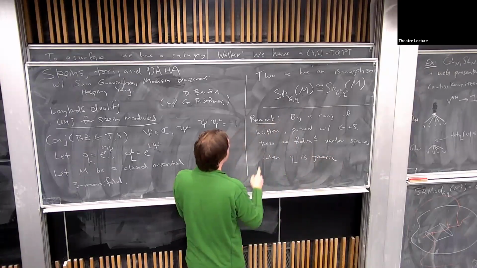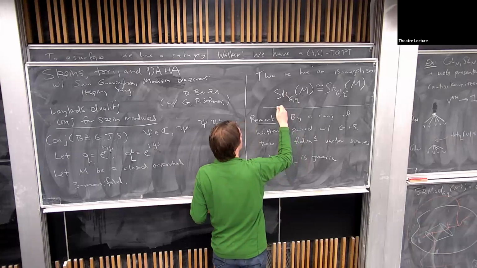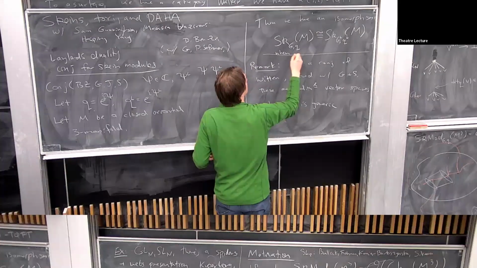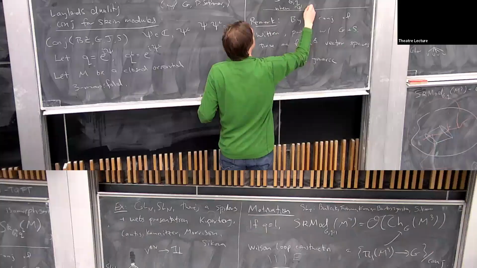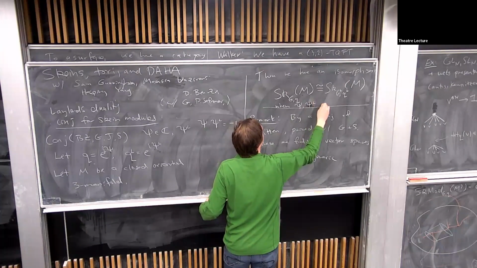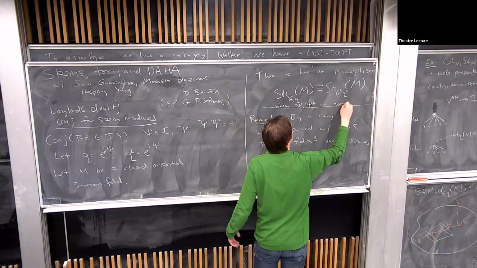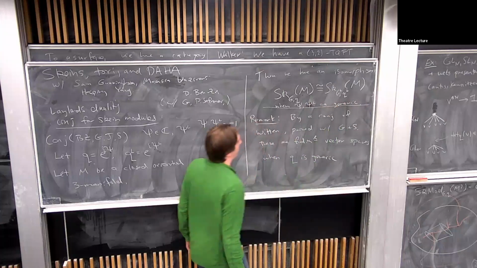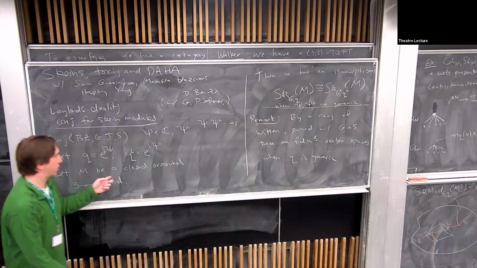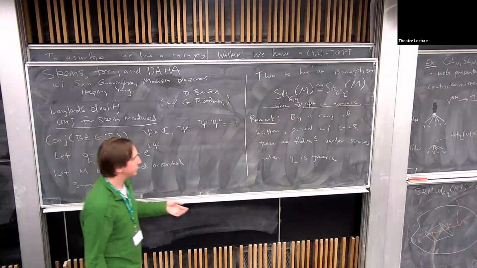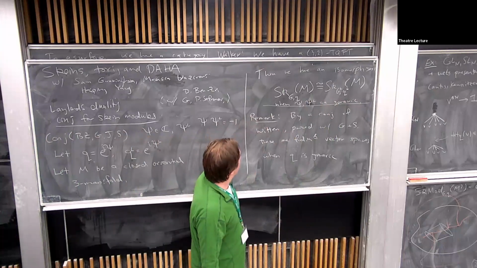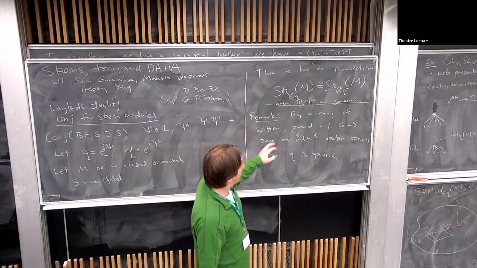And I should have added that we have an isomorphism when psi and therefore psi^L are generic. So if psi is generic, then q is generic. So yeah, just one sec.